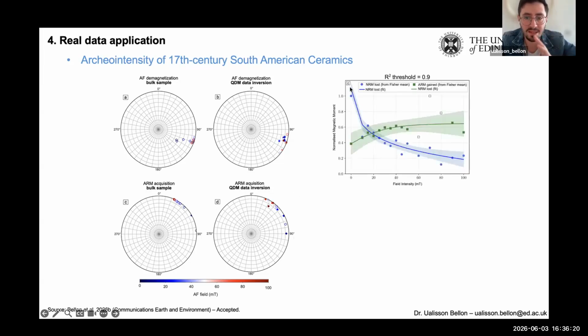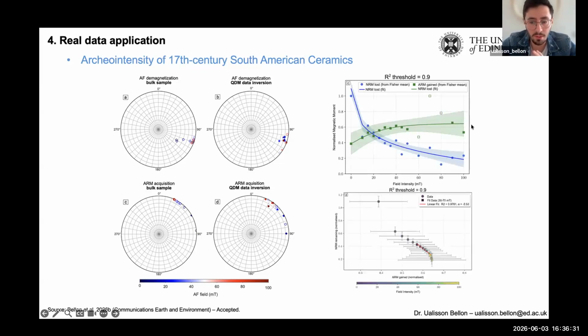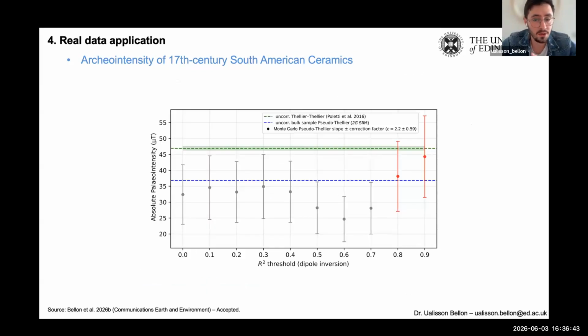From that, we built the demagnetization curve of the NRM and the ARM acquisition curve. We plotted the pseudo-Thellier plot of the data that we got from here, and then we linearly fitted the most linear path of it. And in here, you can see the result very quickly.